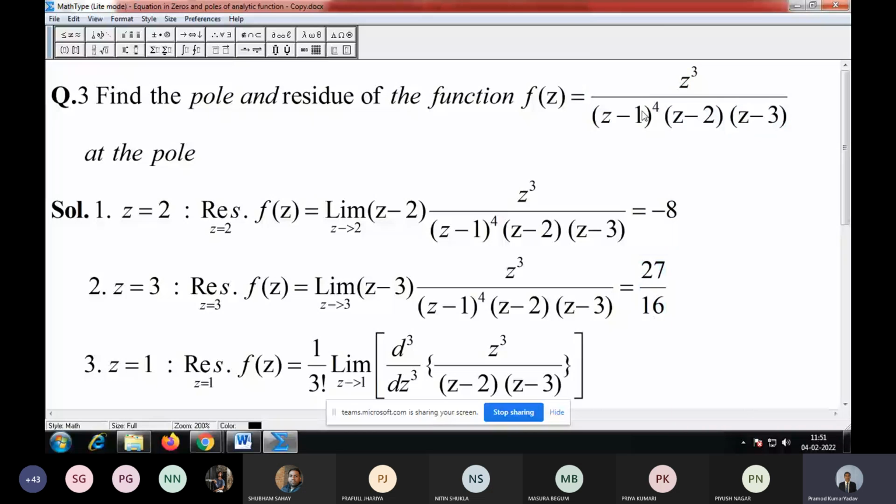But in this case, it is a pole of order 4. It means we must differentiate it. How many times?